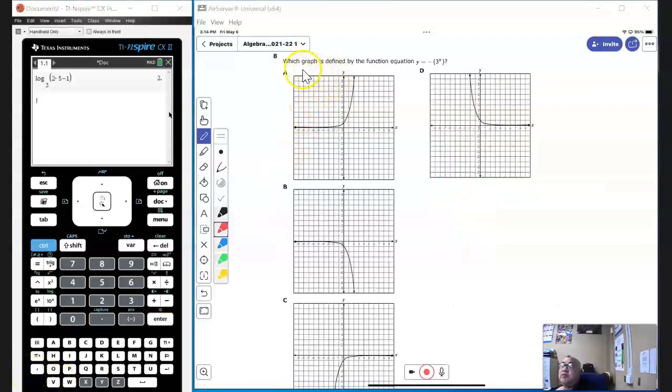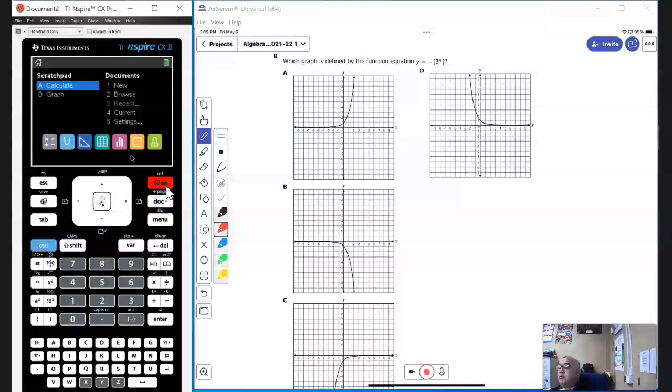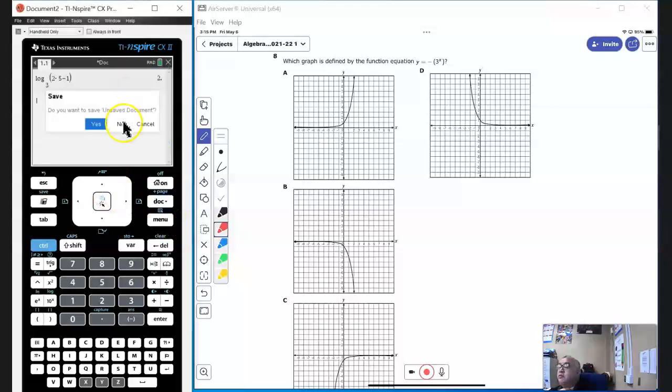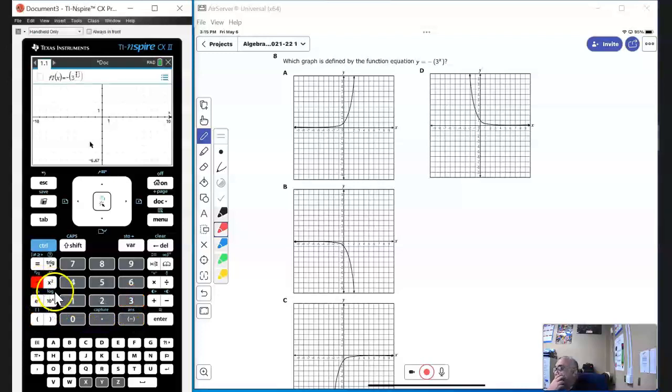Here what we're doing is matching the equation with the graph. So make sure that you go to the graph part of the calculator, and all you have to do is type in negative parentheses 3 to the power x, and you know that is an exponential function.